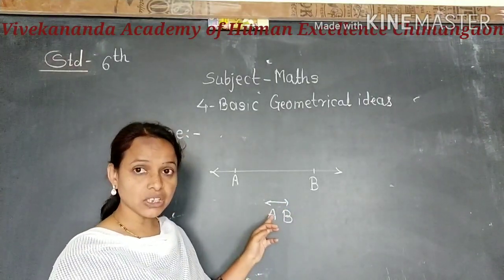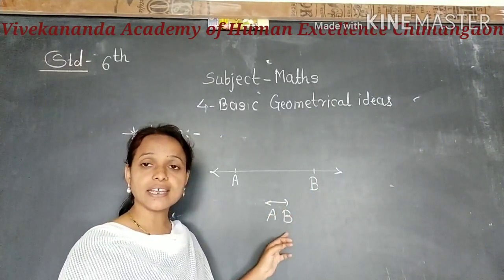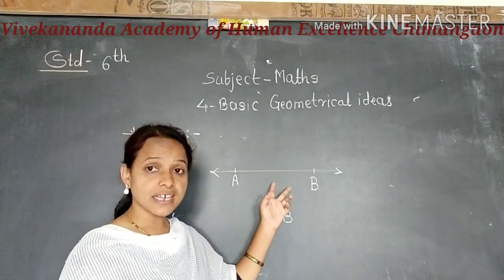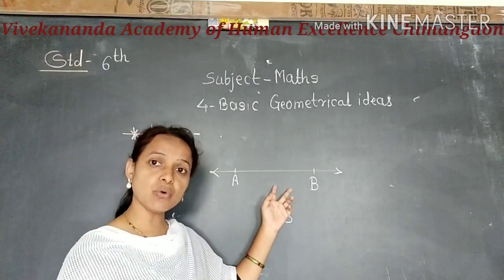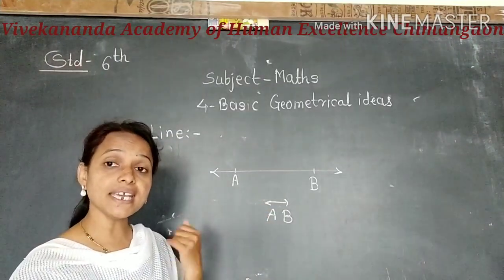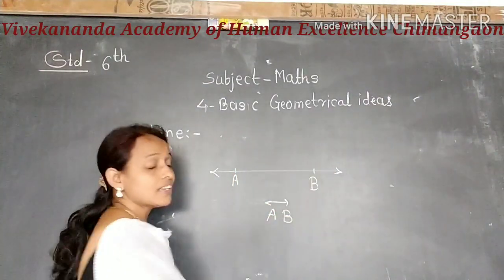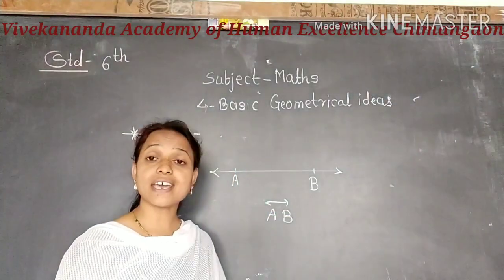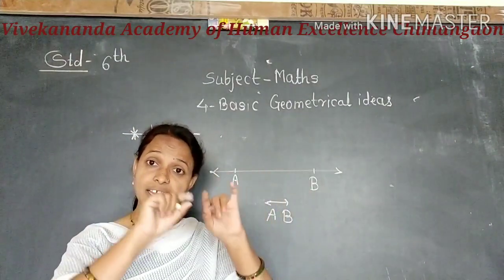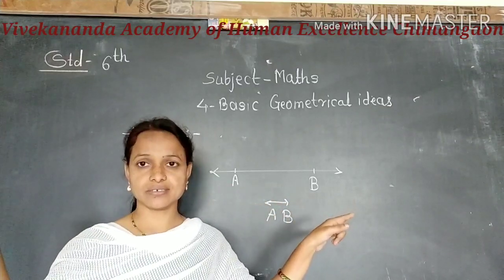Okay, a line through 2 points A and B is written as line AB, and a line can be extended indefinitely in both directions. Listen, students, a line can be extended indefinitely. What I said, this arrow means it has no end. So we can extend it in both directions indefinitely.